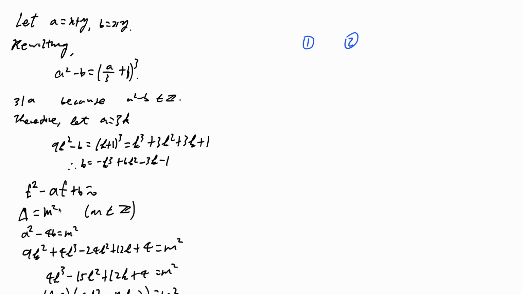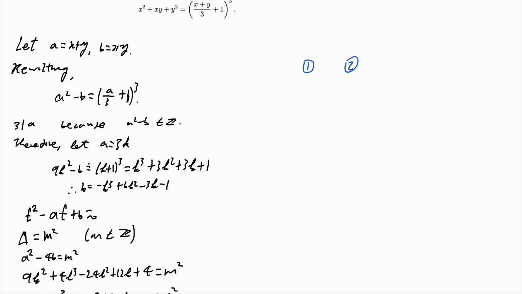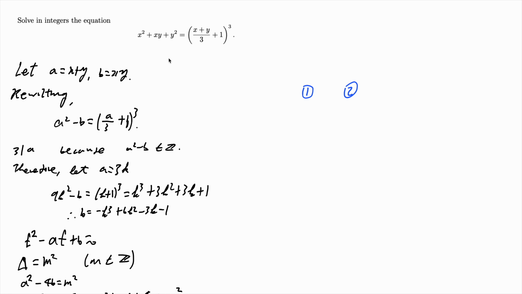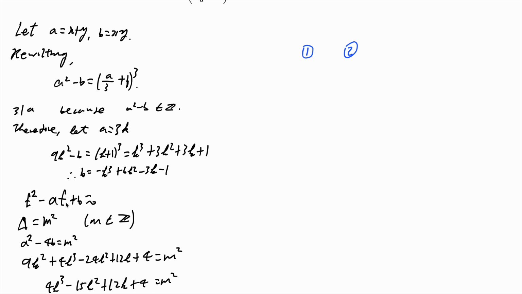I said that when we find B and K, we will be able to find X and Y. So that's why they're the same equation. Writing that more mathematically, we have t squared minus at plus b equals 0. That's a more mathematical description of what I just verbally said.